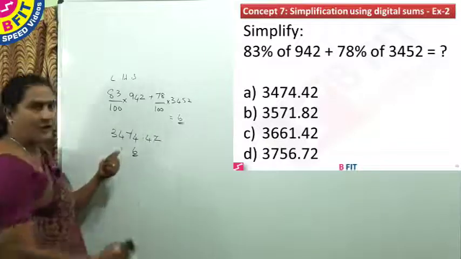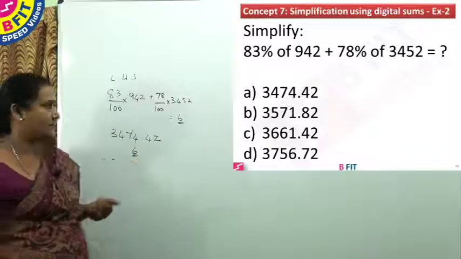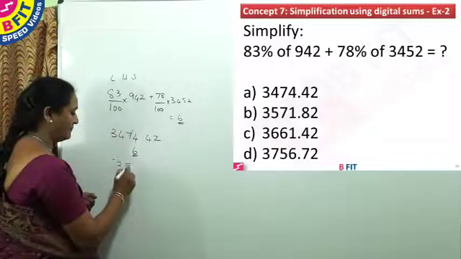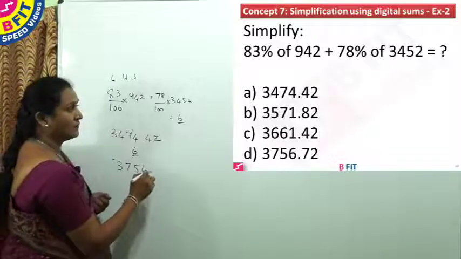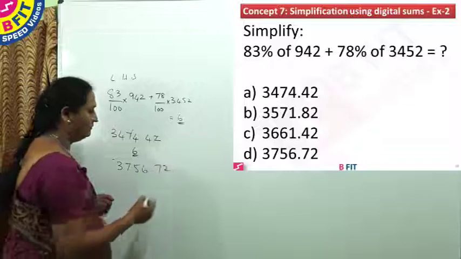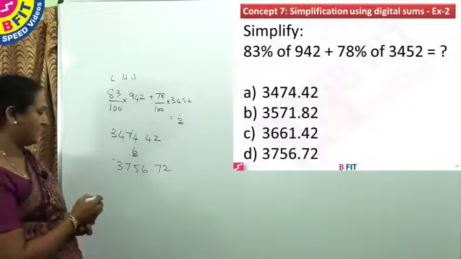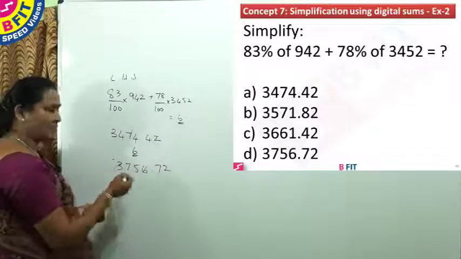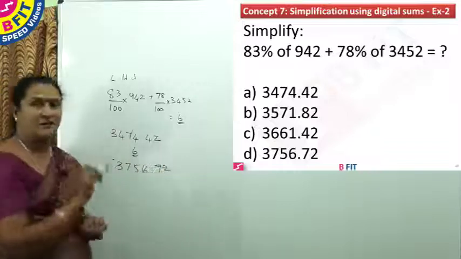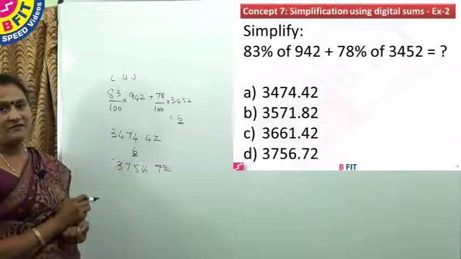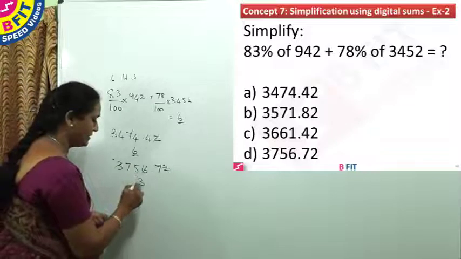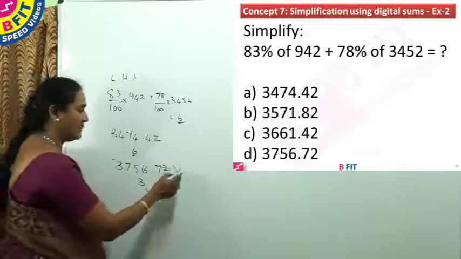So for A, we have got the digital sum as 6. And now what will be the digital sum? So we can leave the 6 and 3, it is 9. Leave the 7 and 2, it is 9. So add 7 and 5, it is 12. So digital sum is 3. So this can be the answer.